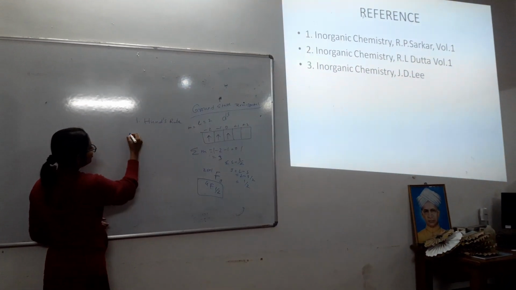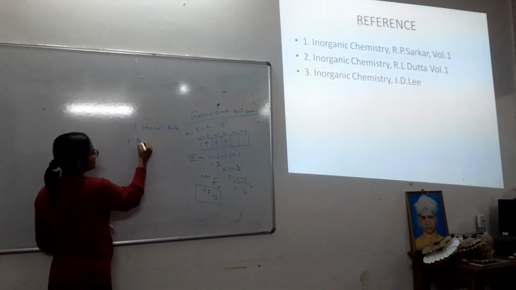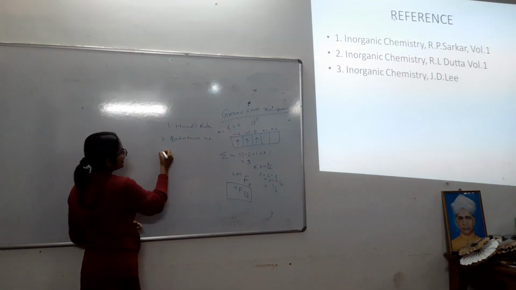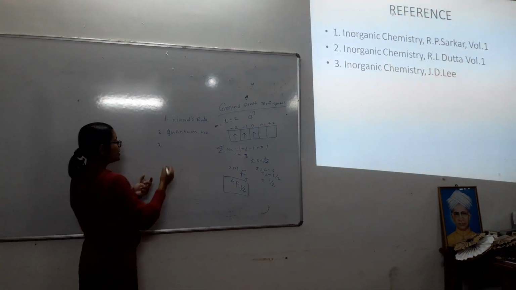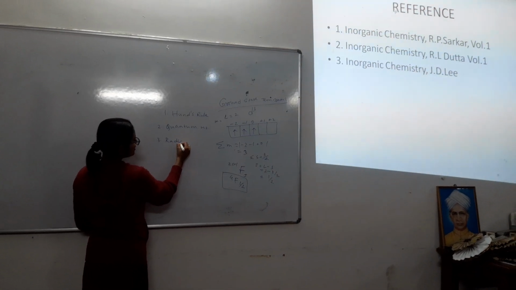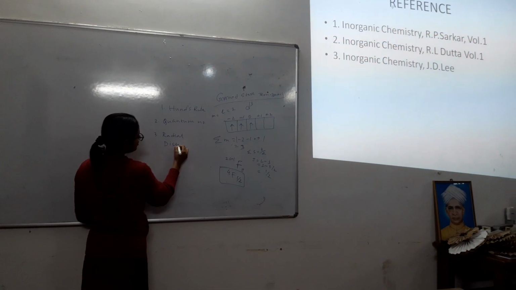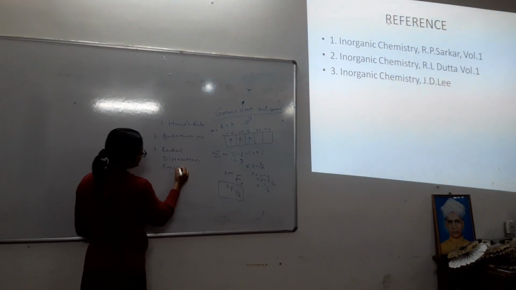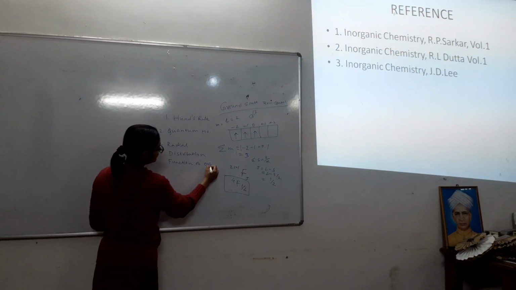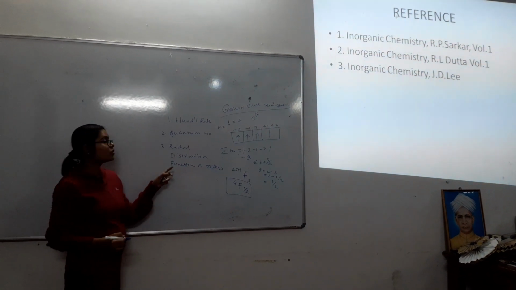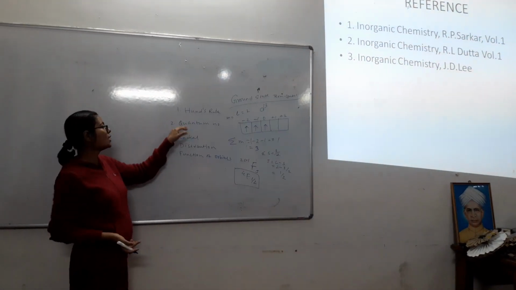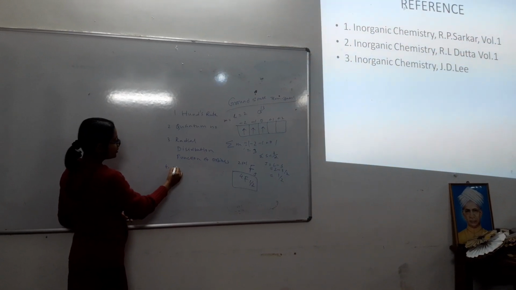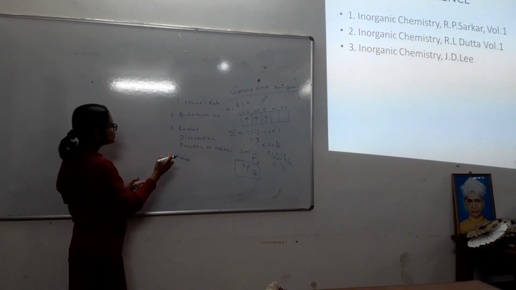Number 2 is the quantum numbers of electrons, and then the radial distribution function of orbitals. So first we discuss Hund's rule, then quantum numbers, then radial distribution functions of orbitals, then the shape of the orbitals. I missed something here.